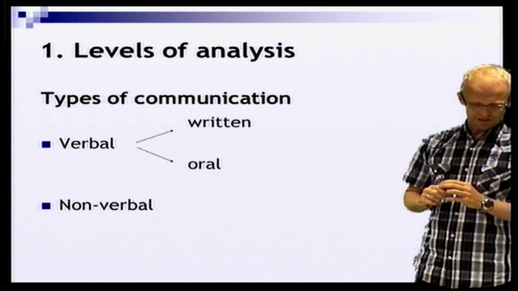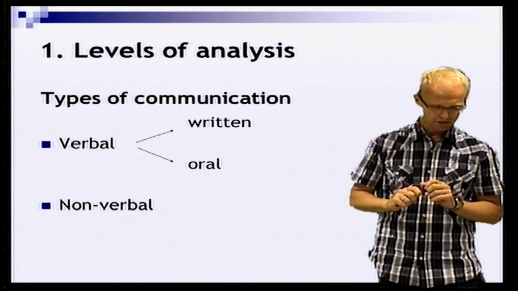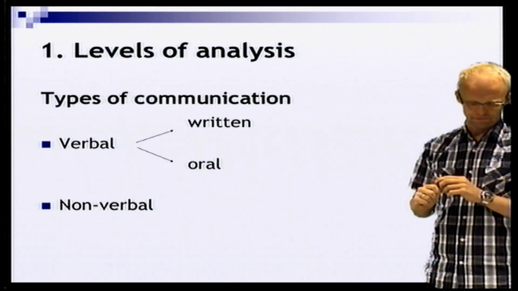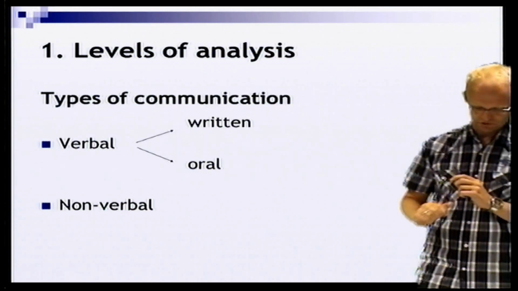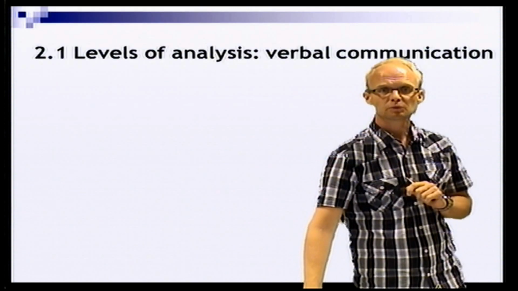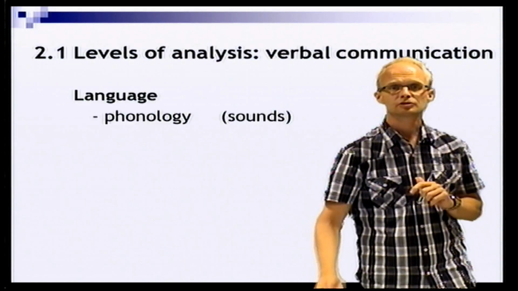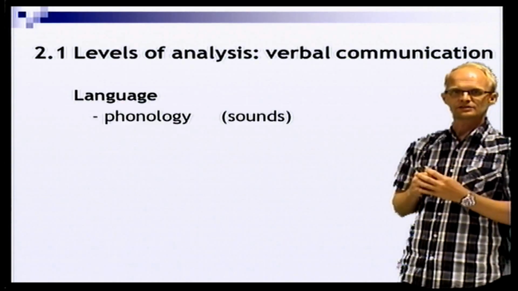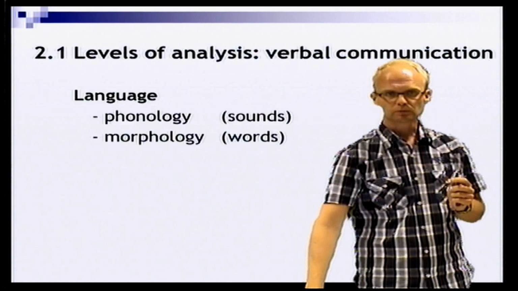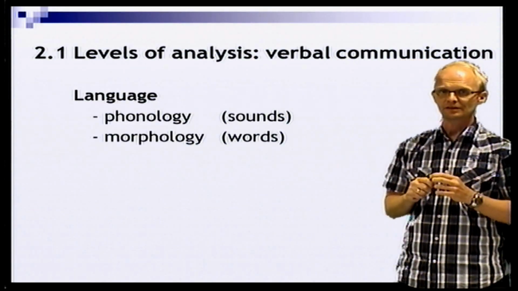If we restrict our discussion here to verbal communication, we'll find that a typical way of analysing language level is a 5-point categorization. At the lowest level, we find the study of sounds, also referred to as phonology. At the next level, we find the study of words, also referred to as morphology.